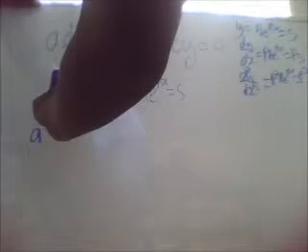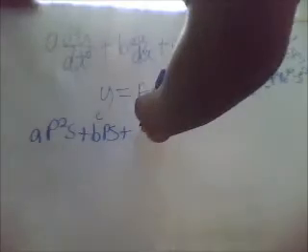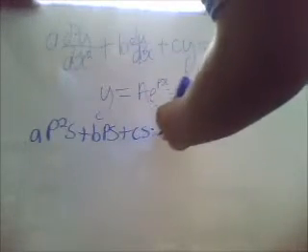That will give us a times p squared s, plus b times ps, plus c times s, is equal to 0.